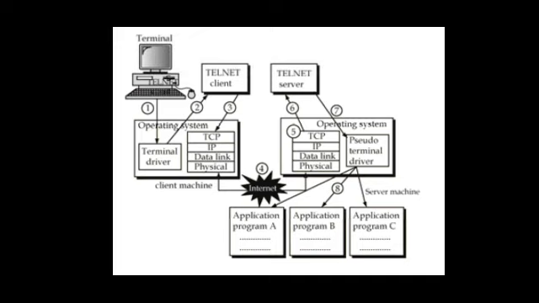Now, in the third step, the telnet client has converted the commands into NVT characters and given them to the TCP/IP stack. This TCP/IP stack will convert whatever commands are given to it into IP packets.